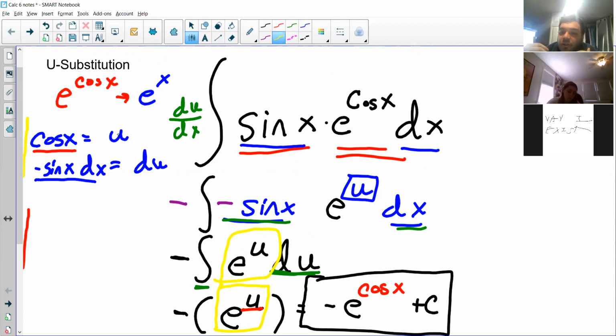Oh, I see. So you're adding that, and then you said, wait a second, if this is going to be a u variable, I need this to be a du variable. And in order to obtain a du variable, I'm going to have to derive u. So then I have to change u into du over dx, which remember is a different way to write u prime. We're used to writing u prime because it's neater.